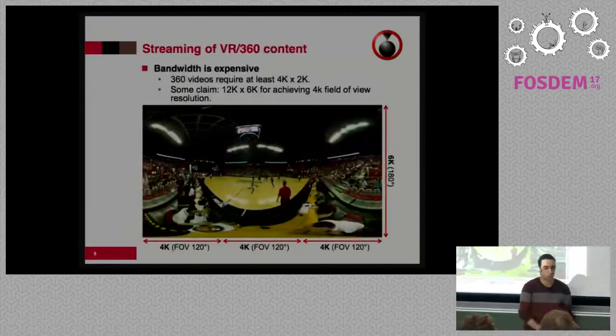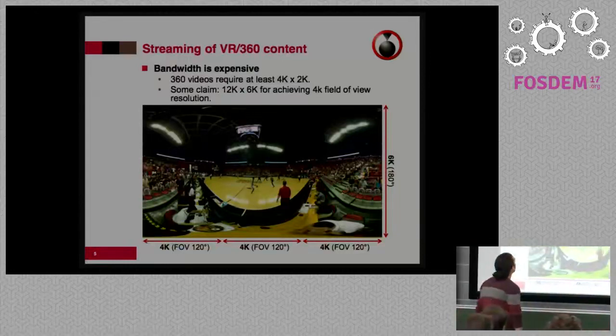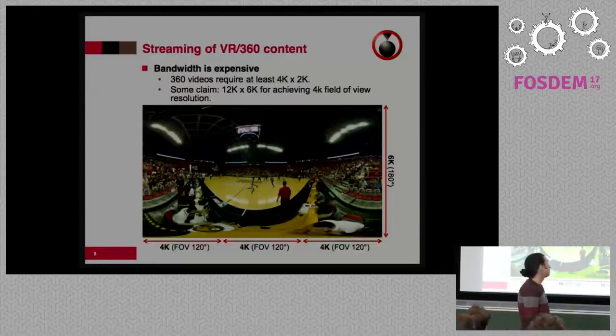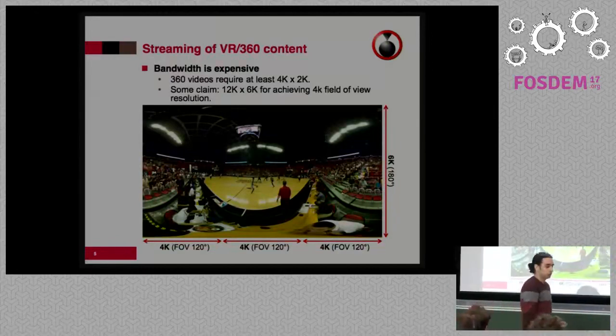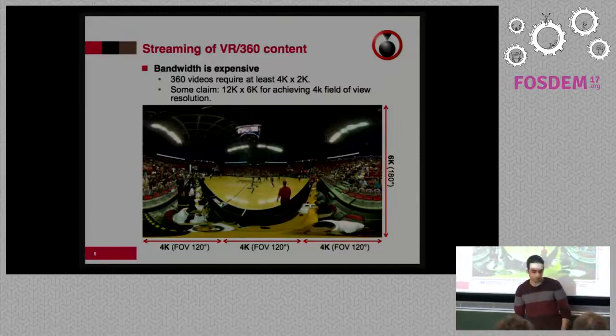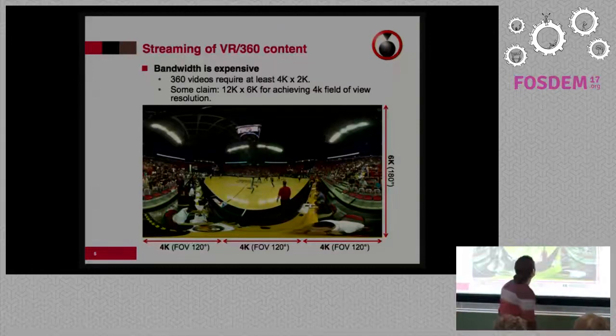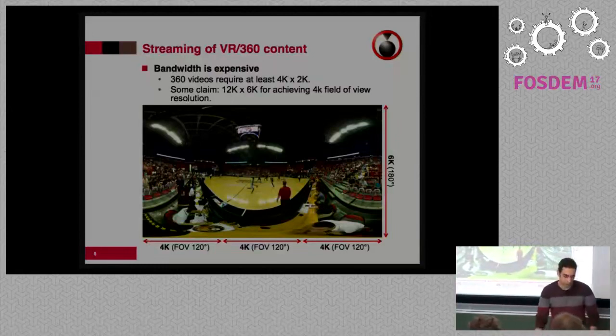I will talk to you now about the delivery of VR 360 content using tiles. As you may know, to play a 360 video, it requires at least 4K, but some claim 20K to achieve 4K field of view resolution, like we see in the illustration.